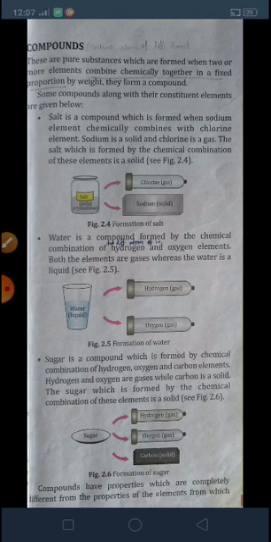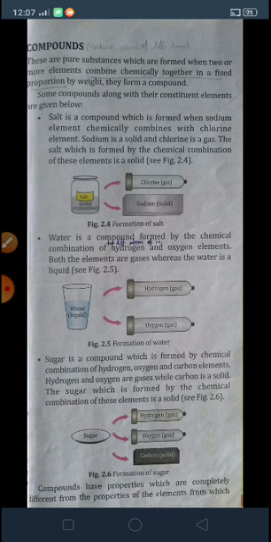The weight of each element is fixed every time, and they combine chemically and form a compound.